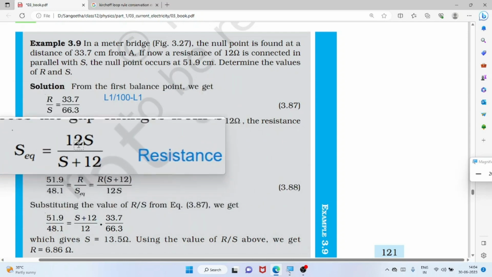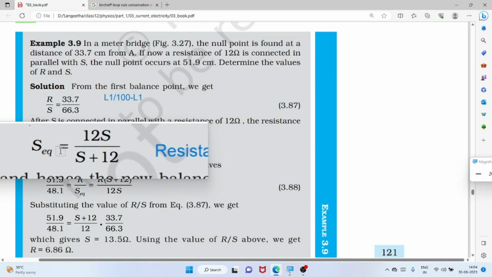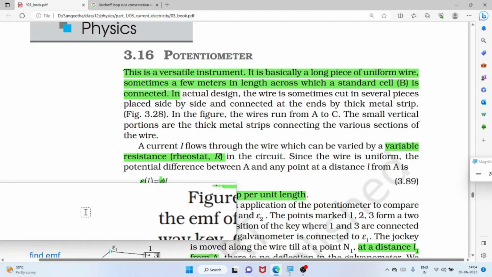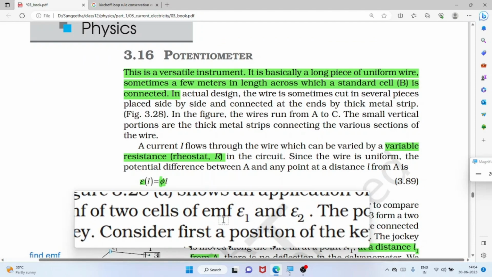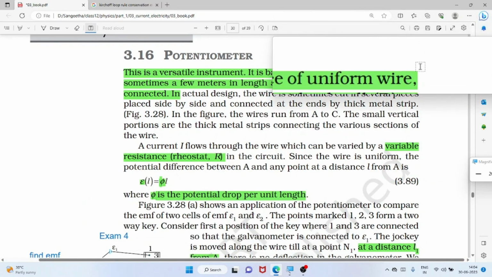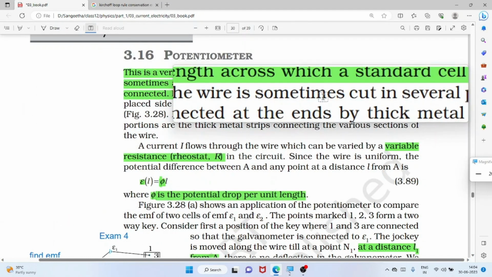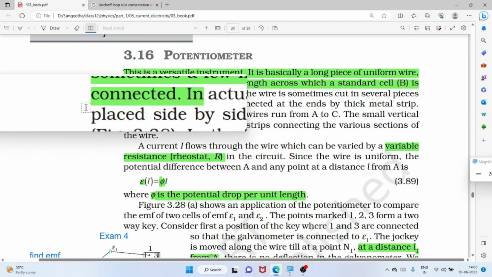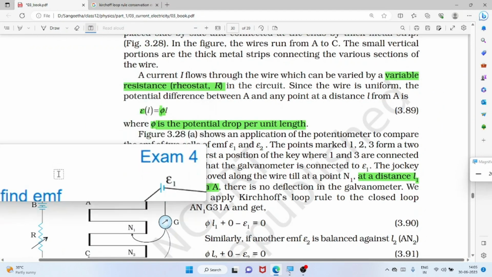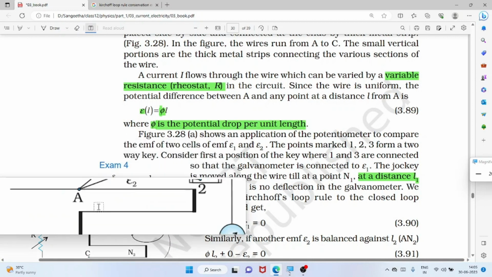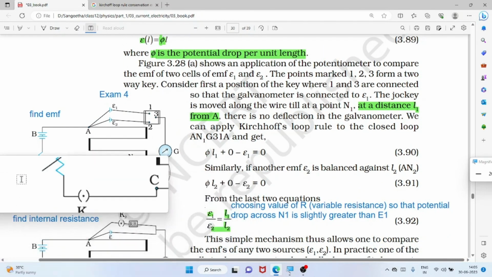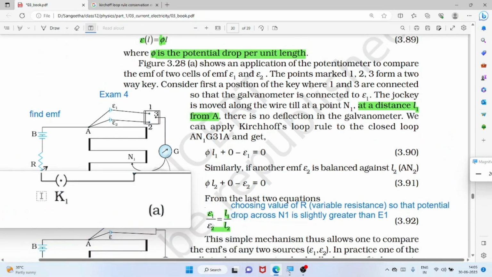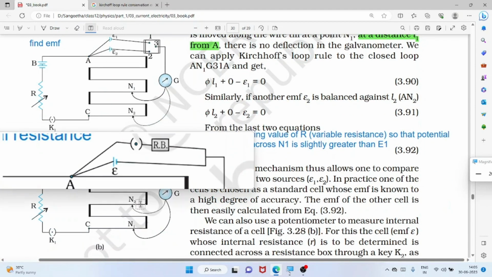For resistances in parallel, they are computing the equivalent resistance like this. Potentiometer, this is a versatile instrument. It's basically a long piece of uniform wire, sometimes a few meters in length, with the standard cell connected. This is the variable resistance R, and this will be varied with this condition.